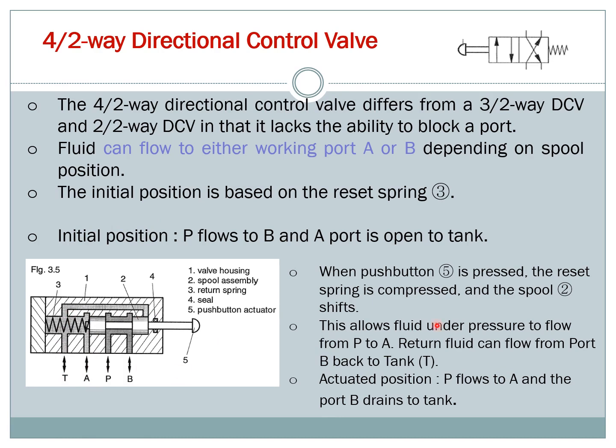When push button 5 is pressed, the reset spring is compressed and the spool will start to shift, and you can have a connection between P and A. So it will be connected and B will be connected to tank. Okay, so you need to understand that. In hydraulics you need to connect all the unactuated ports to the tank.